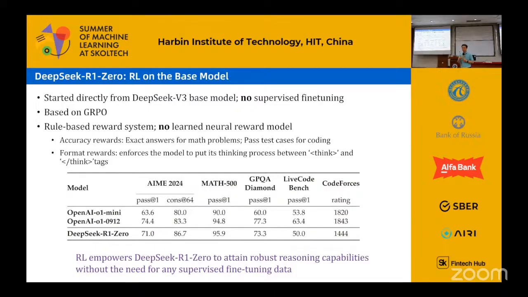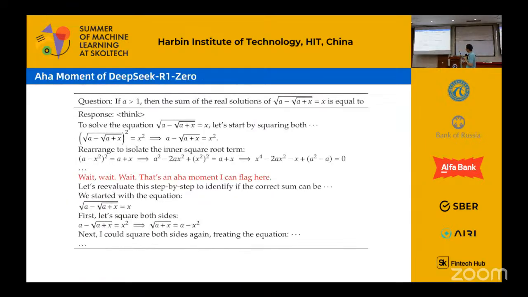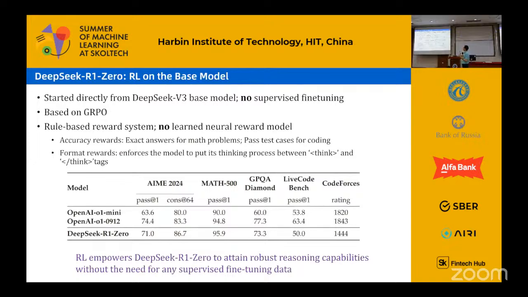But of course, supervised fine-tuning data can still help. I forgot to mention this so-called aha moment. This is why I mentioned that maybe it's kind of a new capability, because in the DeepSeek R1-Zero training, it just provides this kind of final reward, like yes or no. The ground truth is just a simple answer.